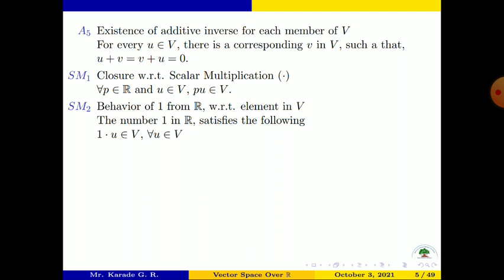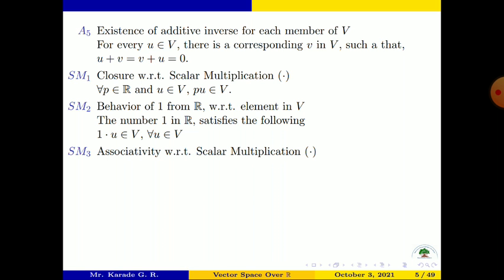That is this condition, 1 into u is equal to u, and this must be true for all u belongs to V. Here is a typing mistake; instead of this we have to read 1 into u is equal to u for all u belongs to V. So the behavior of 1 must be like this with all the elements in the non-empty set V. If we multiply 1 by each element of V, we will get that element itself.